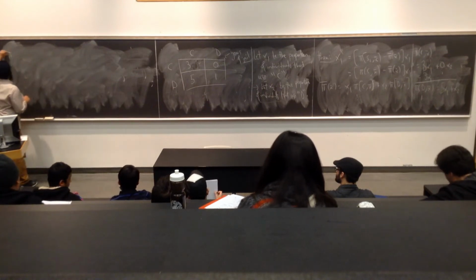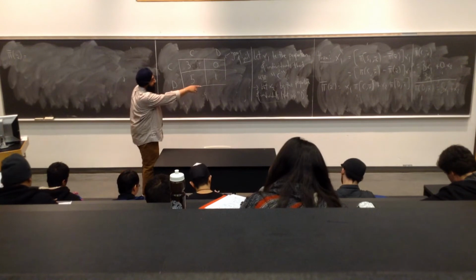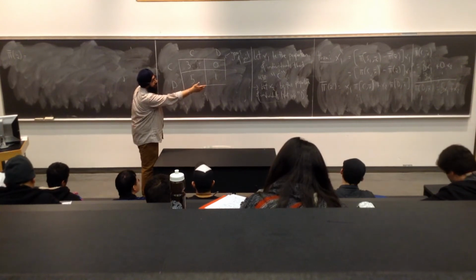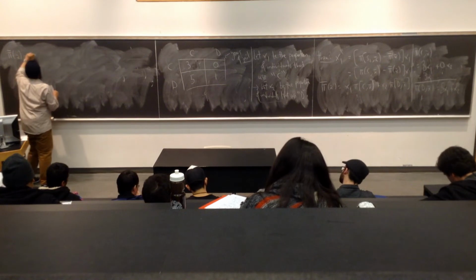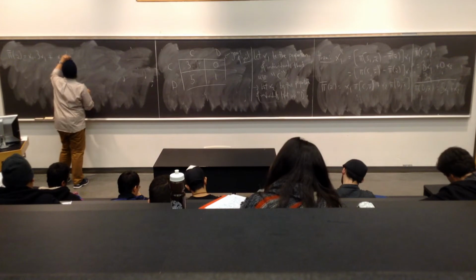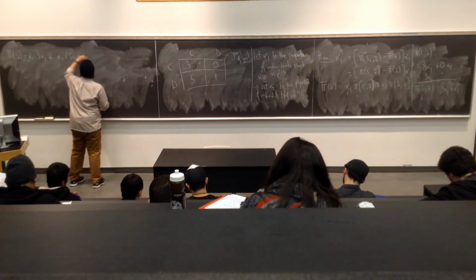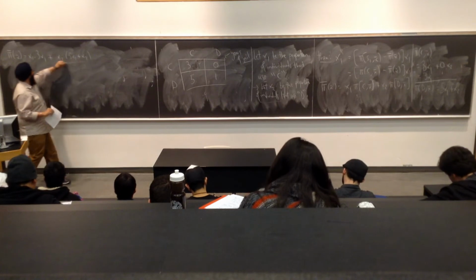So pi of x is equal to x1 times pi C of x, but pi C of x is just equal to 3x1. So this is just going to be x1 times 3x1 plus x2 times 5x1 plus x2. So that's what the average payoff is.